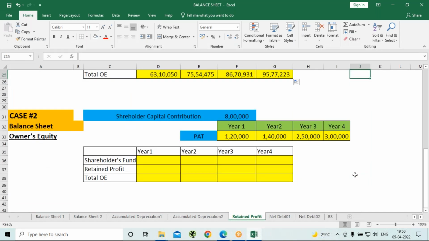So you have the value over here with the profit after tax over here. So can anyone try and let me know the answer?